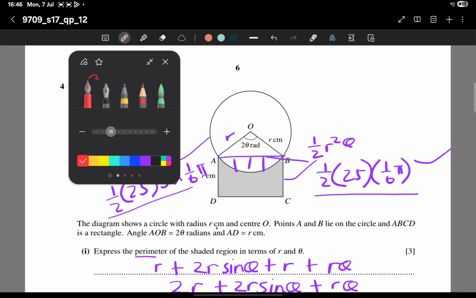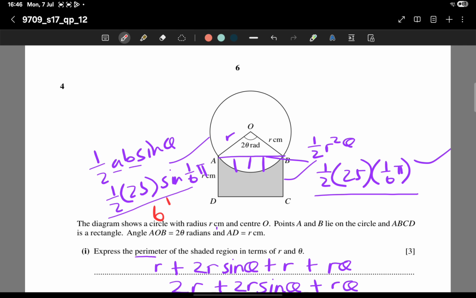So let me just punch these into my calculator. Half of 25 sine 1 over 6 pi. So this gave me 6 and 1 over 4. This is the area of the small triangle, and the area of the sector is this right here, which is 25 over 2 times 1 over 6 pi, like that, which gave me 25 over 12 pi.